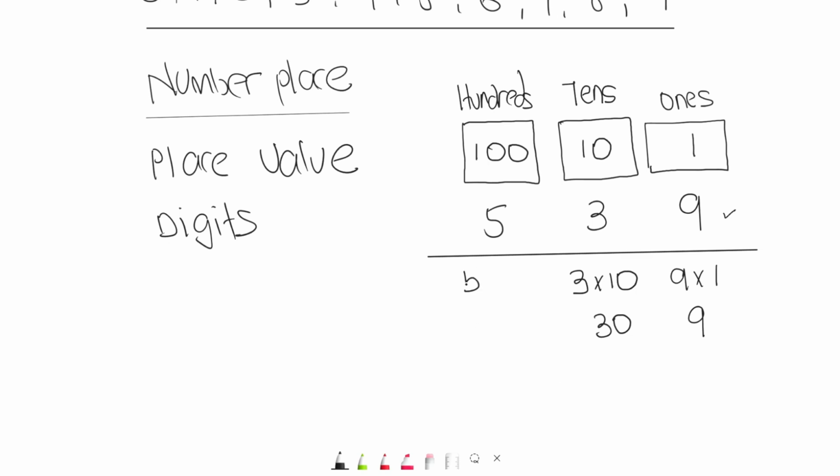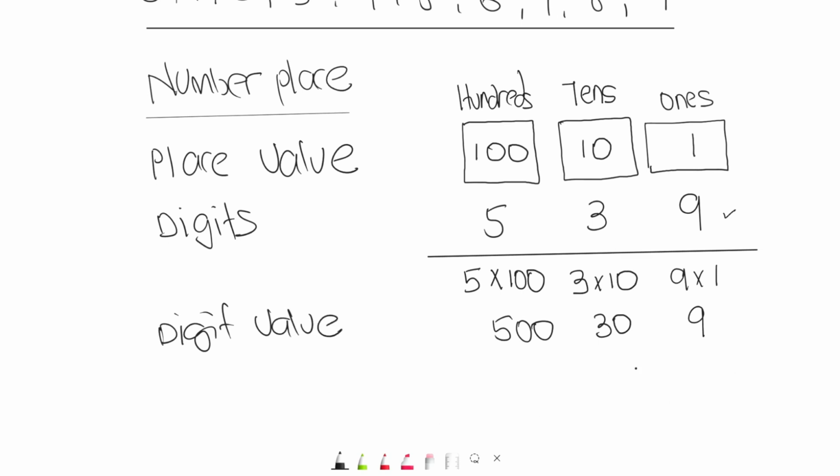Likewise, the digit 5 is in the hundreds number place, and the place value is 100. So the digit 5 means there are 5 groups of 100, which means the value of the digit 5 is 500. So this becomes your digit value.